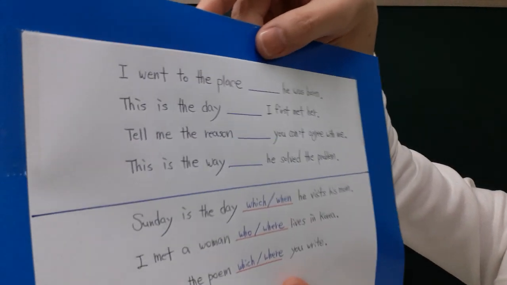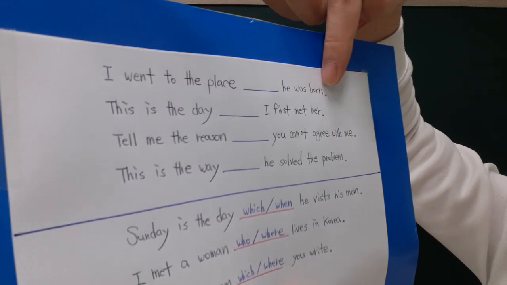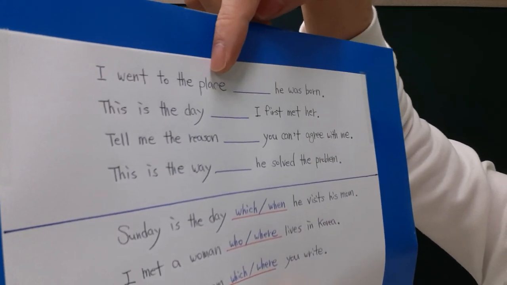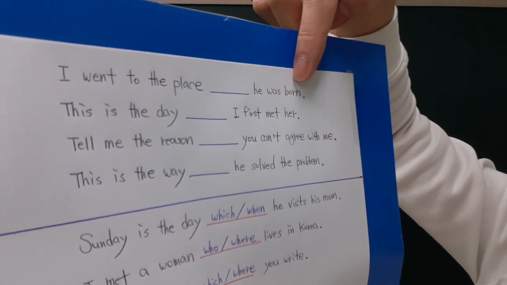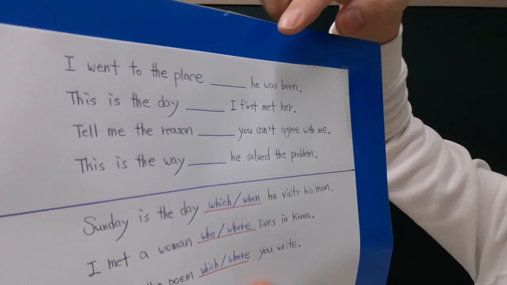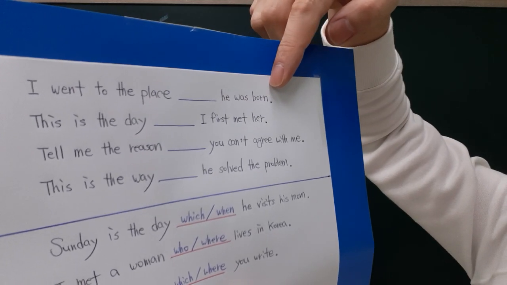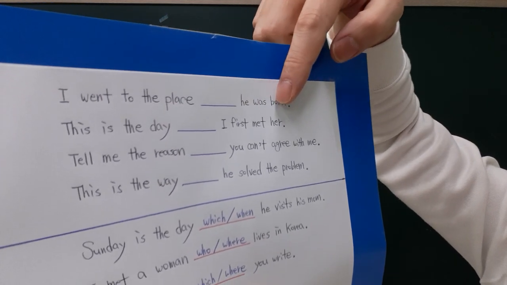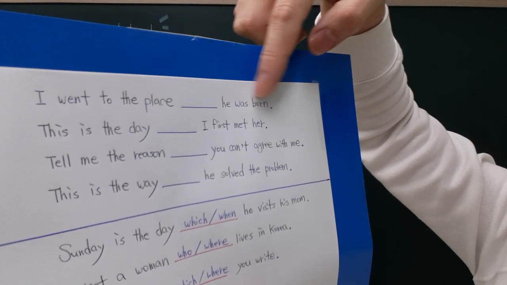Look at this. The first sentence is, I went to the place blank, he was born. The noun is place, and we have a complete sentence, he was born. When the sentence is in the passive form, the subject and the verb make the sentence complete. He was born, the verb is passive voice, so this is a complete sentence.